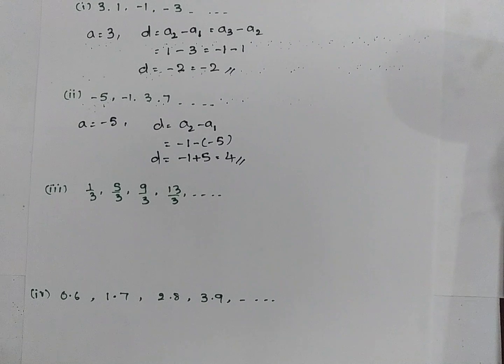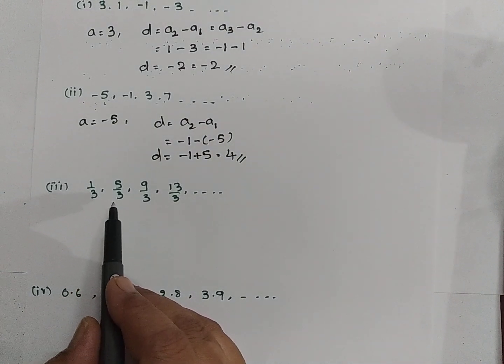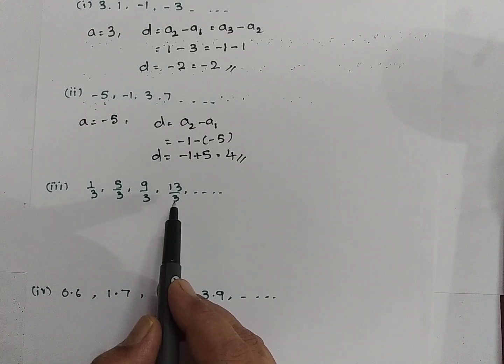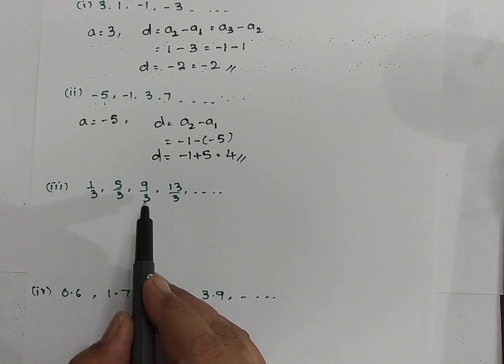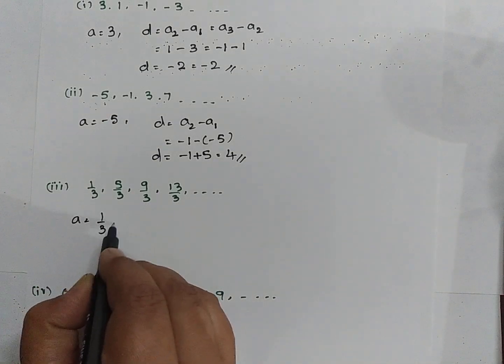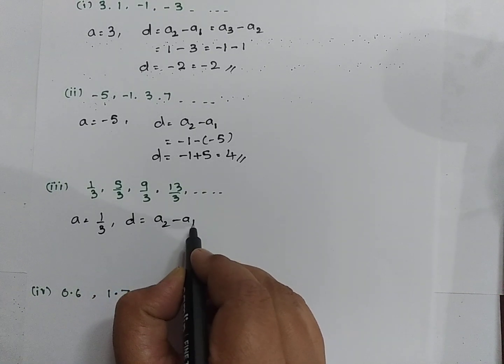Similarly, for the third problem, a is 1 by 3 and the other terms are 5 by 3, 9 by 3 and 13 by 3. There are 4 terms, a1, a2, a3, a4. a is the first term, that is 1 by 3. d equals the common difference, a2 minus a1.